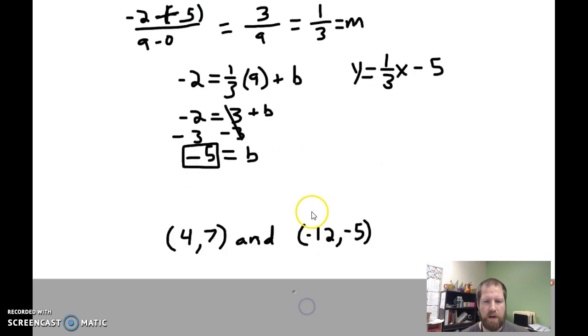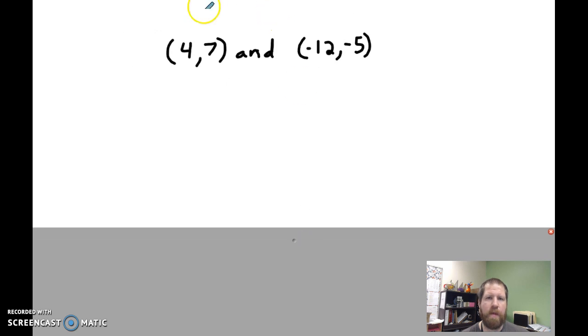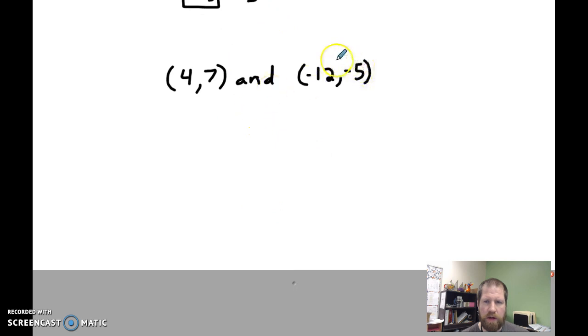All right, let's look at one final one. Since these are both negatives, I want this to be my point 1, this to be my point 2. So I'm going to take my 7 minus negative 5 over 4 minus negative 12.